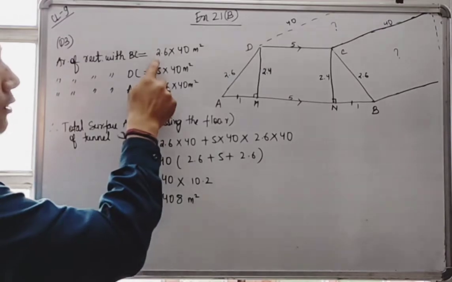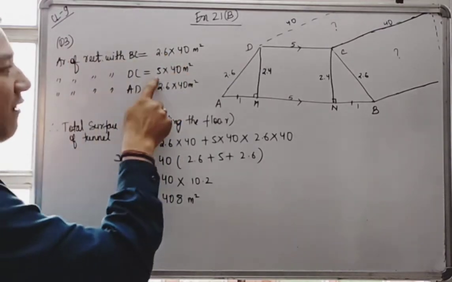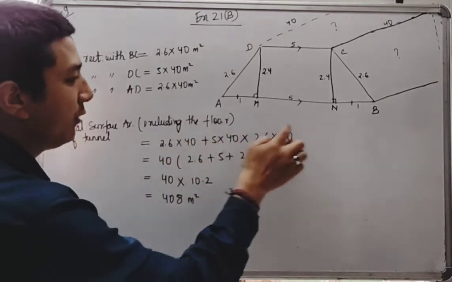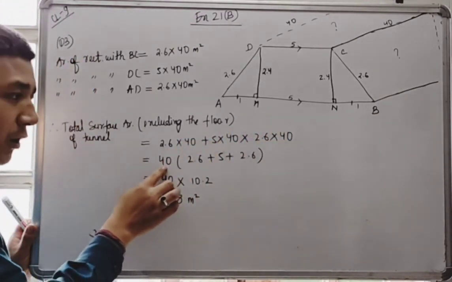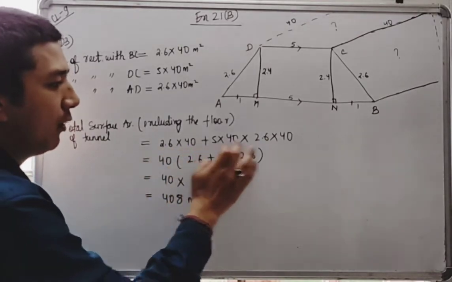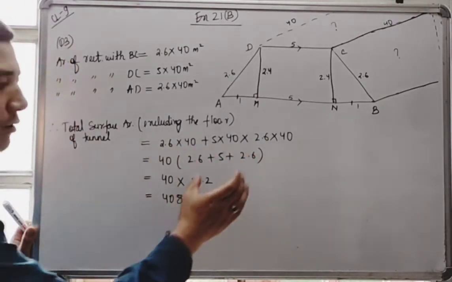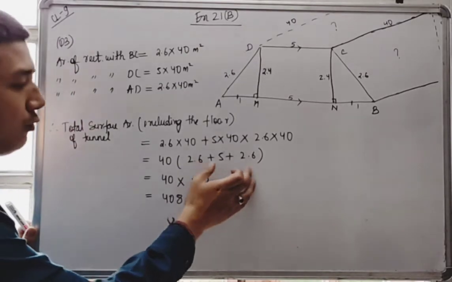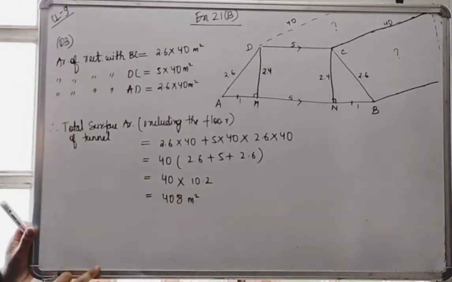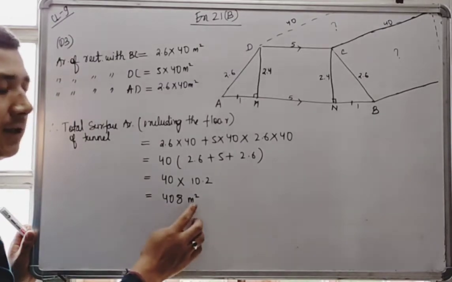So 2.6 into 40 plus 5 into 40 plus 2.6 into 40. You can take 40 common. Inside the bracket, 2.6 plus 5 plus 2.6, which means 5.2 plus 5 is 10.2. 10.2 into 40, please calculate, you'll get 408 meters square.